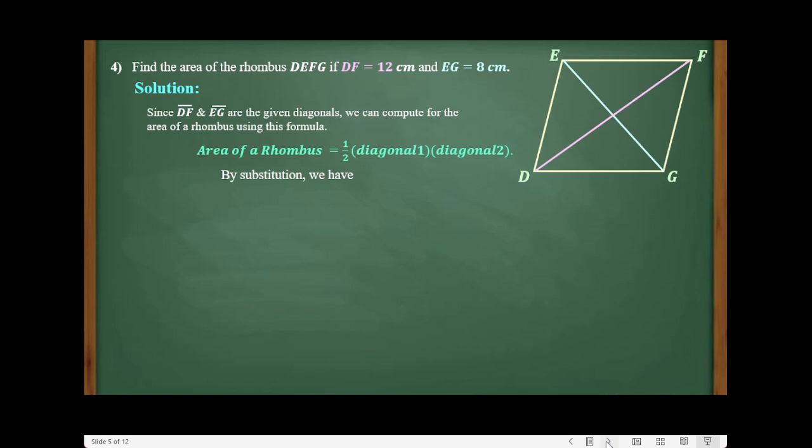By substitution, we have area of a rhombus is equal to 1/2 of DF times EG. And we know that DF from the given is 12, while EG is 8. So 1/2 the product of 12 times 8 is 48 square meters, and this is our answer.